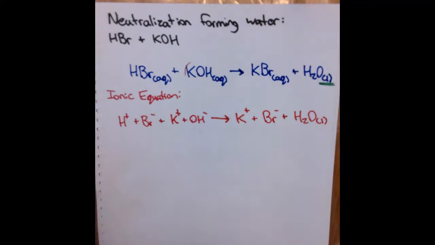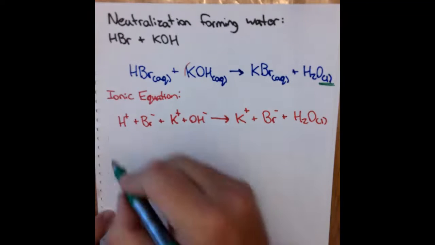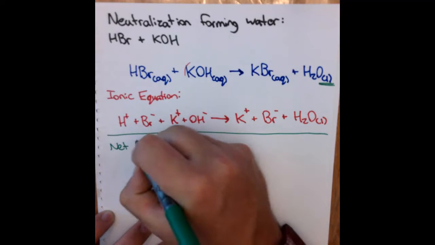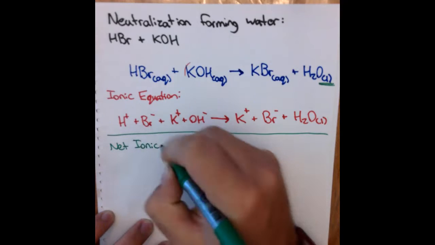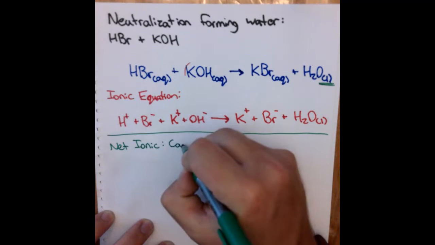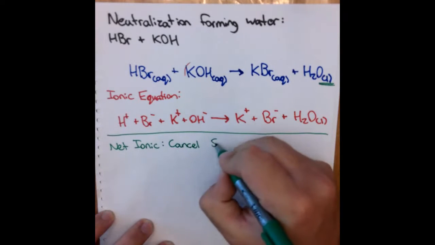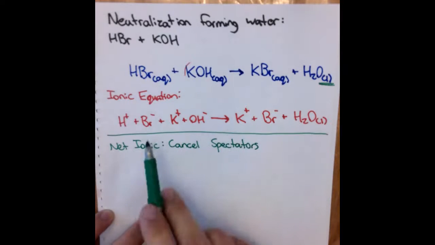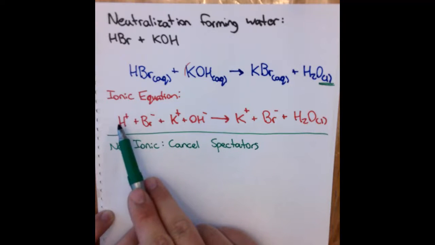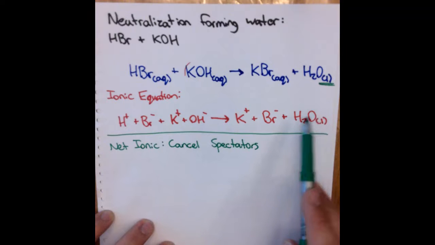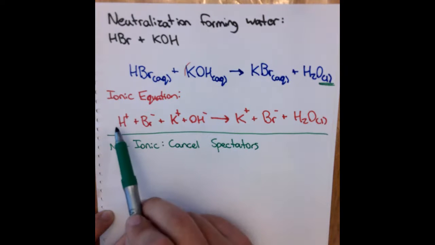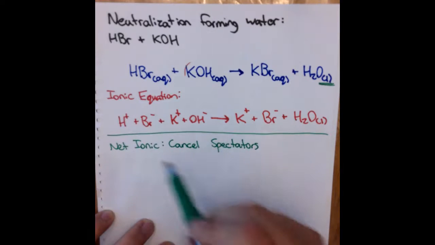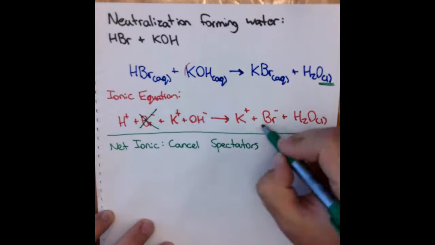Just like we did in the last example, we are going to write our net ionic equation by canceling our spectators. So when I look at this reaction, my H plus, well, that was added to our H2O, so I'm going to leave that one there. Our Br minus, I have a Br minus over here, so I can cancel those out.